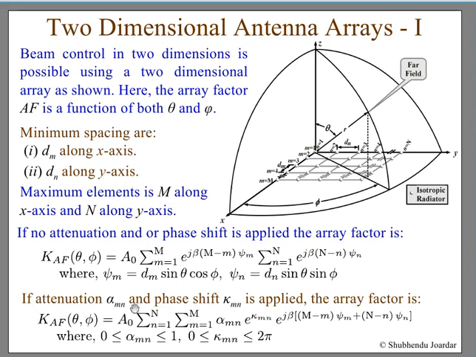If the attenuation alpha mn and phase shift kappa mn are applied, it is simply a mathematical modification. I just put in the values of alpha mn and kappa mn, and what you get is this, where alpha mn should be within this limit, and kappa mn has to be within the limits of 0 to 2 pi.